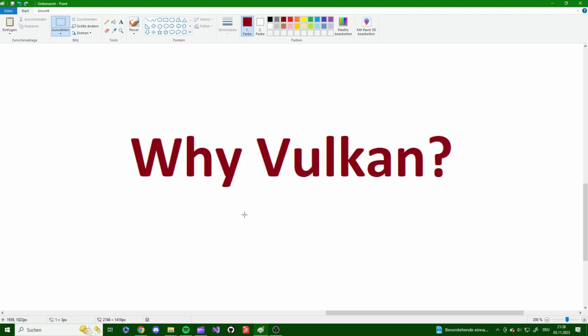If you use OpenGL, you only need 200 or 300 lines for the same thing, but there are some other things it is not as good at as Vulkan is, because you can manipulate much more in Vulkan. And if you are really sure that you want to learn Vulkan, just do it.